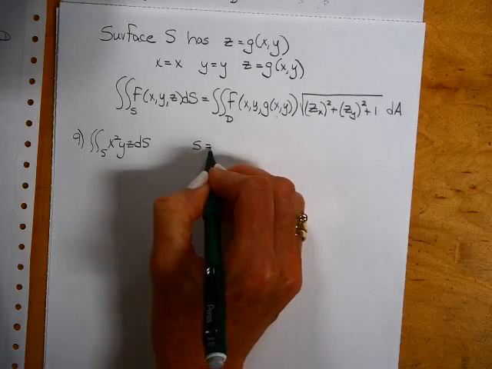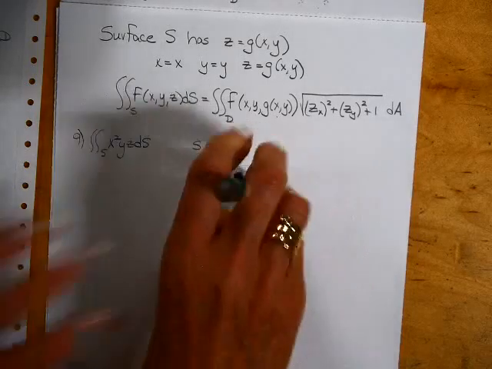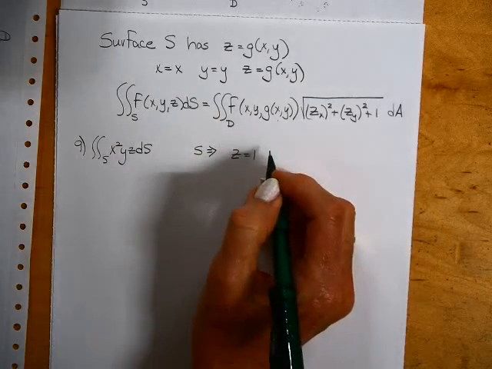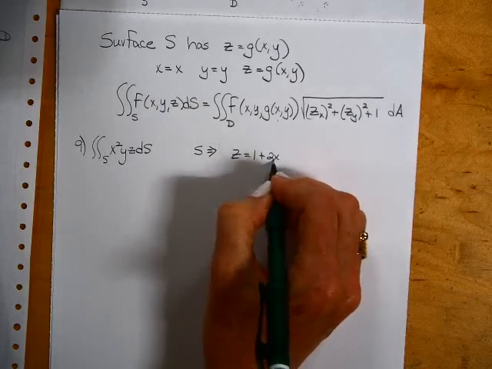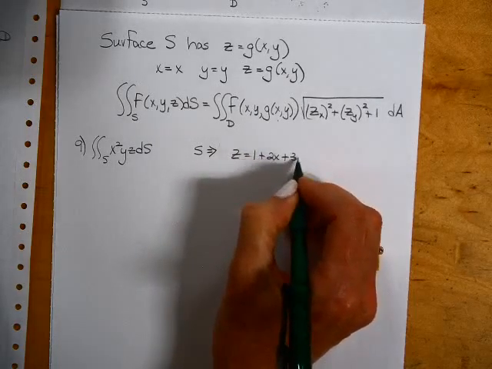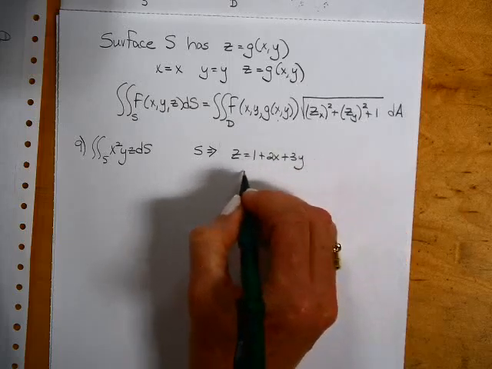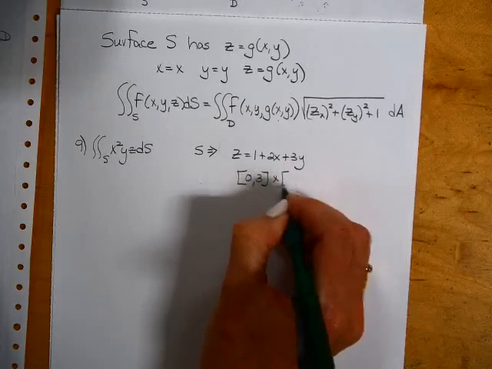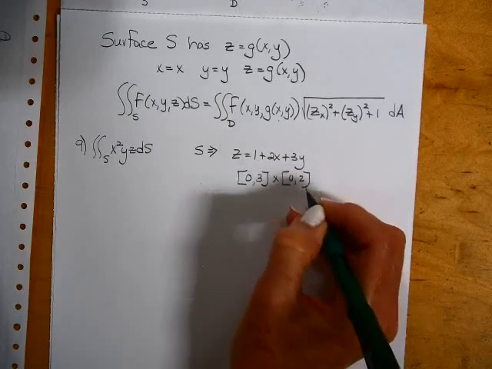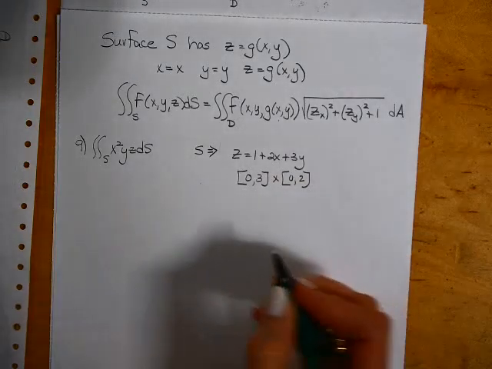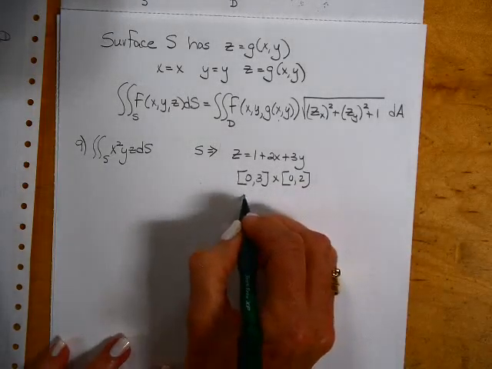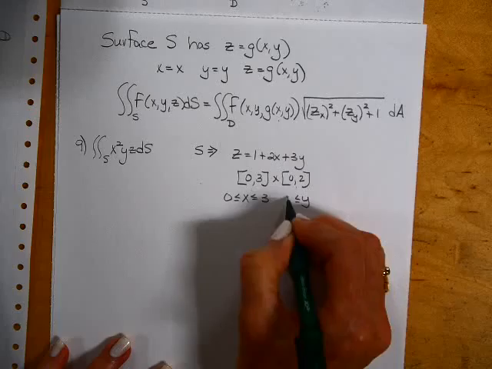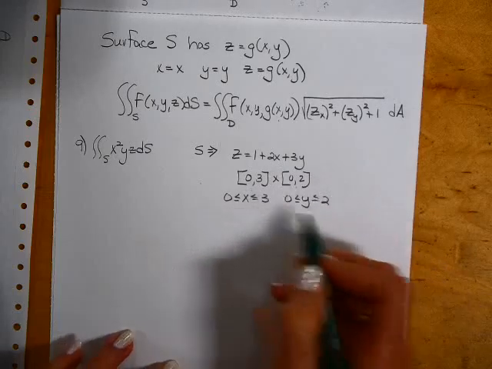S is the part of the plane where z is 1 plus 2x plus 3y that lies above the rectangle 0 to 3 and 0 to 2. Now remember, when they write this, this just means that x goes from 0 to 3, and this one means that y ranges from 0 to 2. So this is your x's and your y's.